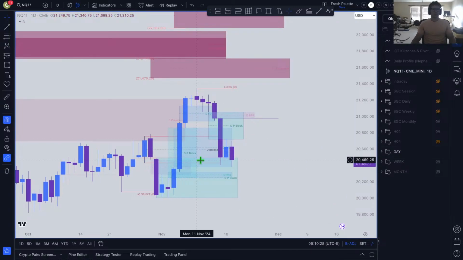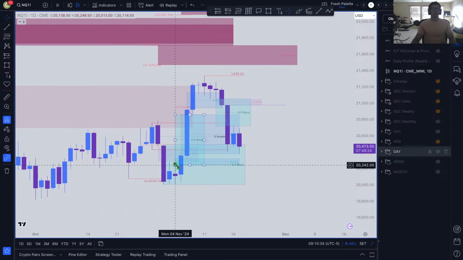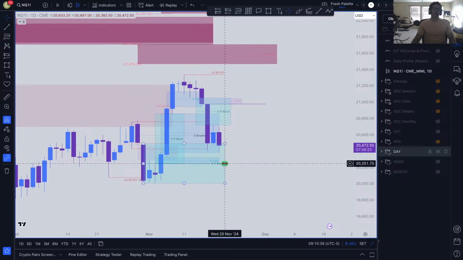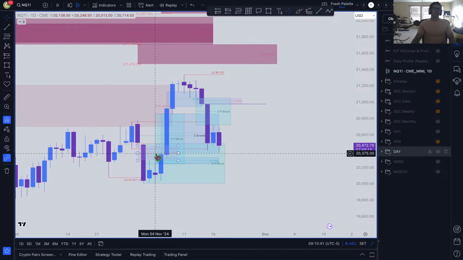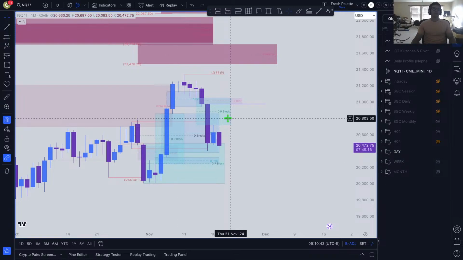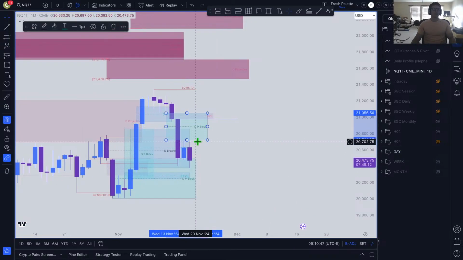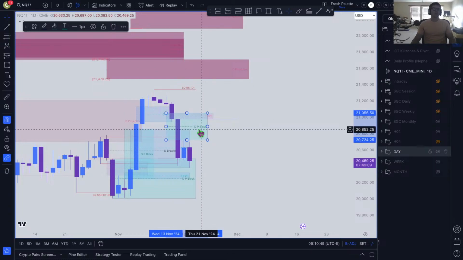Now you've inverted a bull fair value gap, but this fair value gap was really an extension of these other bull PDAs. So I would favor the bull structure on the daily still, with today potentially an objective being this fair value gap that was created yesterday.